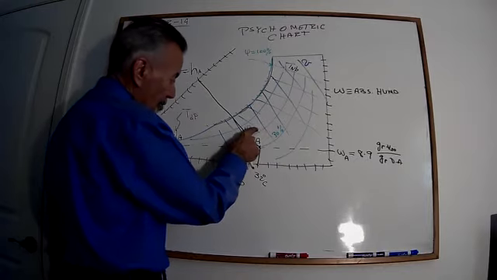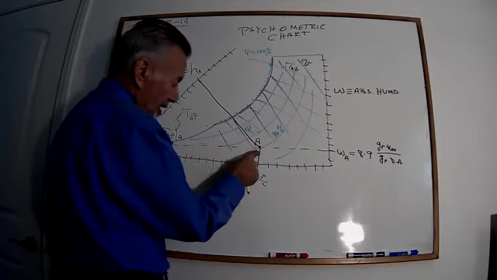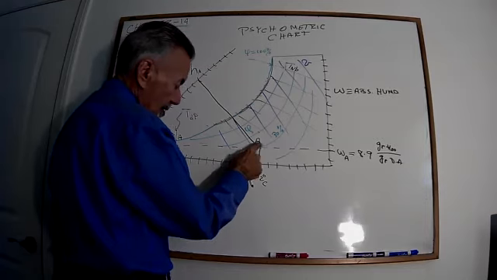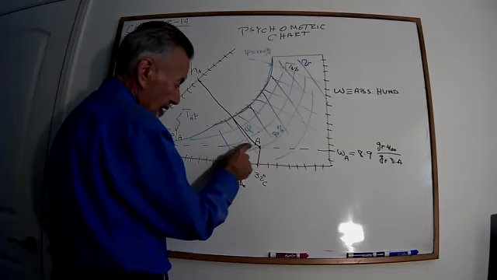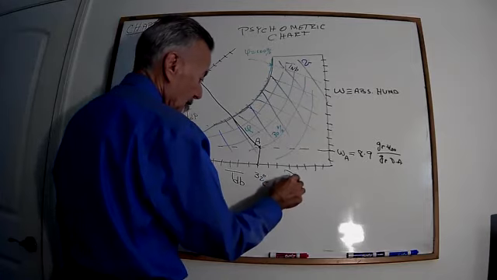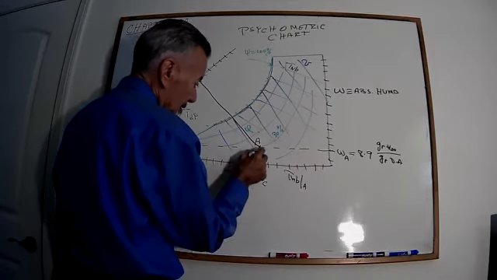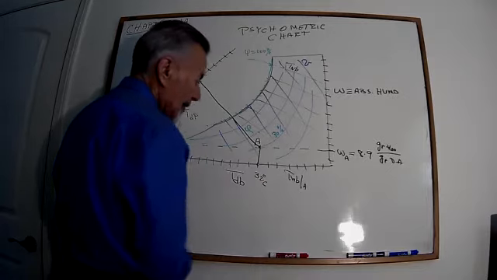So I read the top one, I read the bottom one, and since I'm closer to this, I pick a number that is pretty close to this line. That becomes my wet bulb temperature for point A, which is somewhere right there.